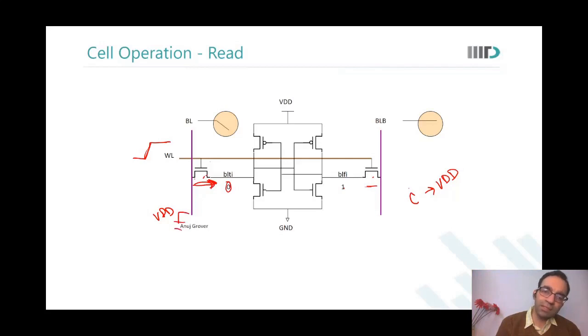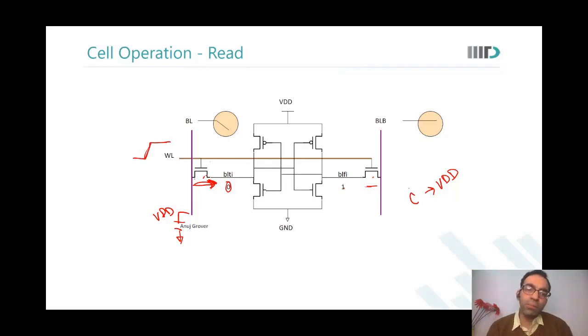Now this is a capacitor. When a current flows, some charge is removed from this capacitor. So when a charge is removed from a capacitor, what happens to its voltage? It reduces. The voltage falls.